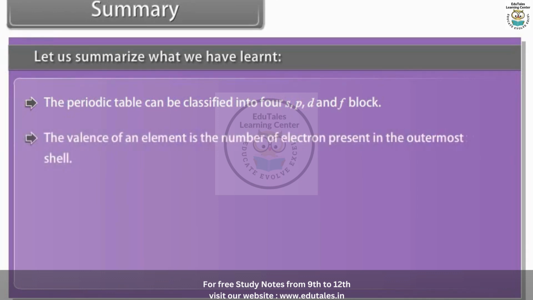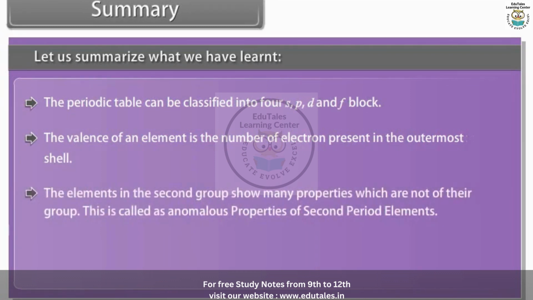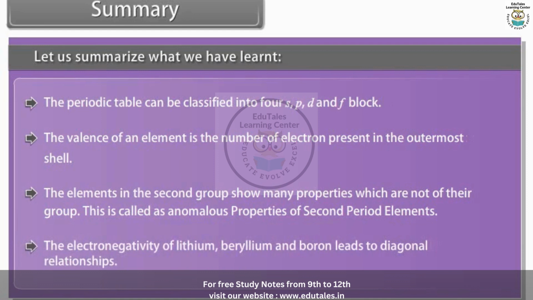The valency of an element is the number of electrons present in the outermost shell. The elements in the second period show many properties which are not found in the rest of their group. This is called the anomalous properties of second period elements. The electronegativity of lithium, beryllium and boron leads to diagonal relationships.